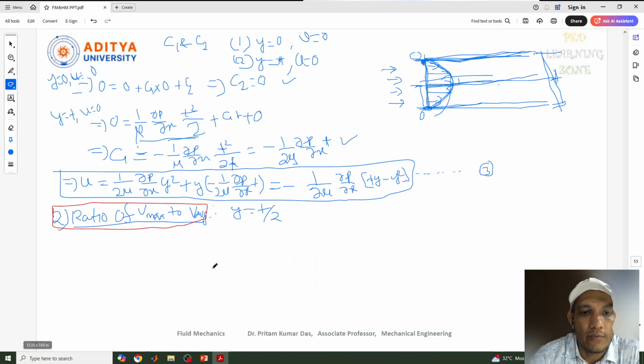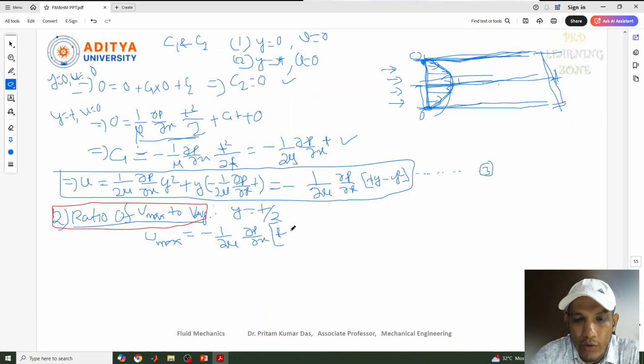So just put the value here, and we can write u maximum equal to, from the previous equation, minus 1 by 2 mu del p by del x into t by 2 minus y square, so that is t by 2 minus t square by 4, bracket close.